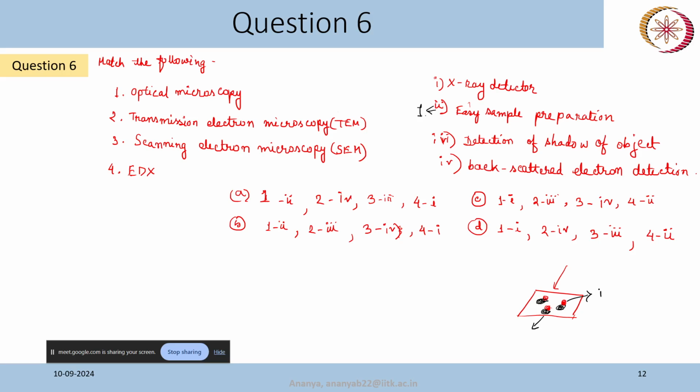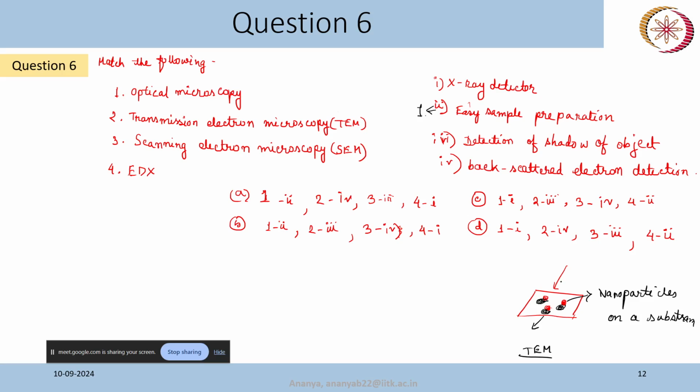This is, say, nanoparticles on a substrate. You can look in Google. You can just type TEM images, and you will be able to see this kind of imaging where you will see the shadow. This is for TEM.